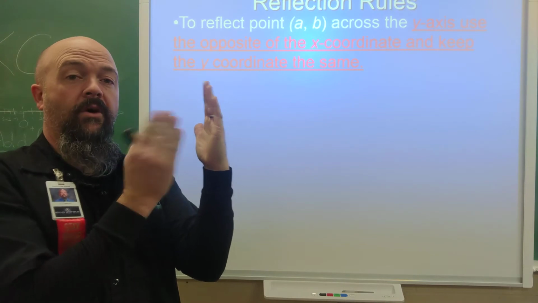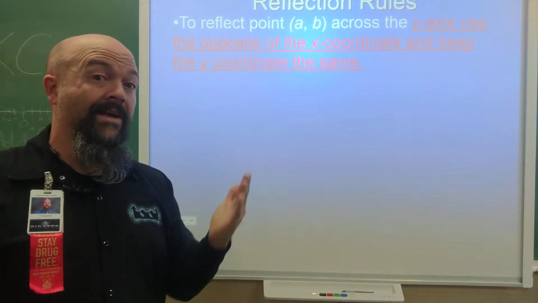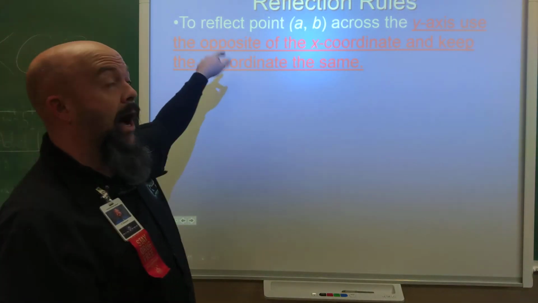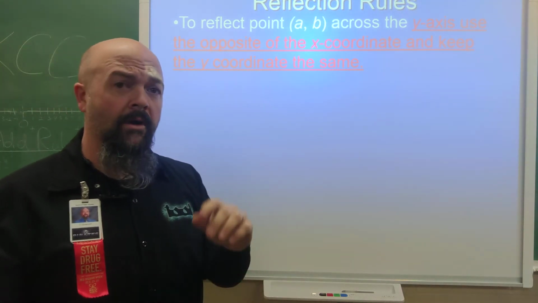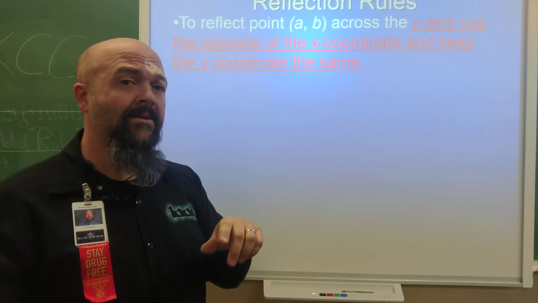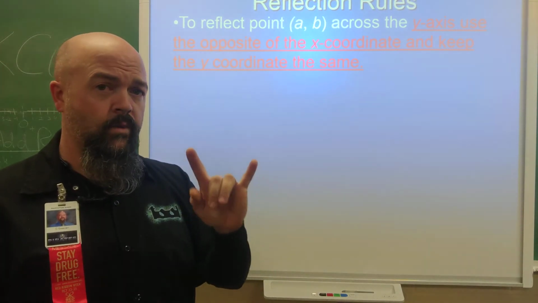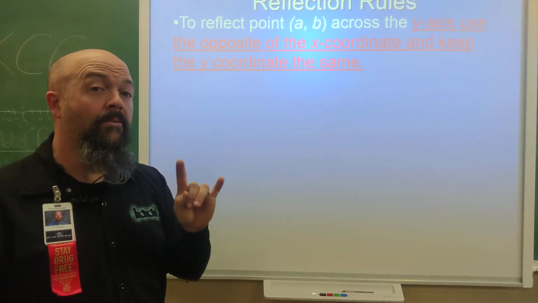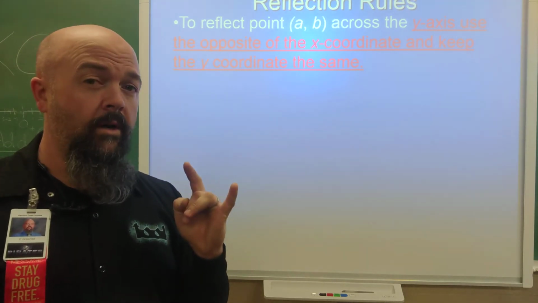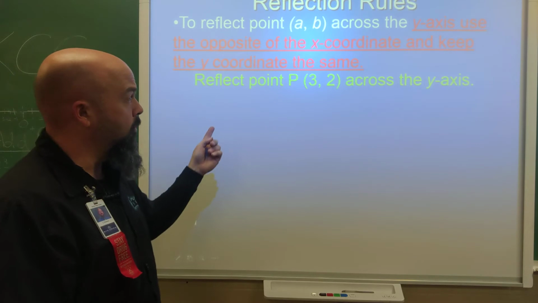So again, if we're reflecting across that y-axis, we're going from this side to this side. Reflection tells us that we are going to take the opposite of the x-coordinate, but we keep the y the same. Remember, it's very important to not forget that the ordered pair never changes where you have x, y, right? So the x, we get the opposite of the x, we keep the y. What does that mean? Well, let's get to our example here.